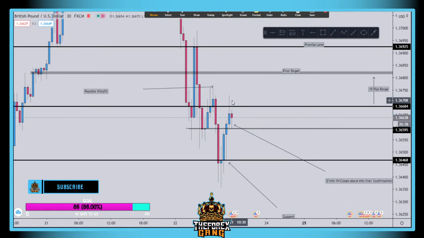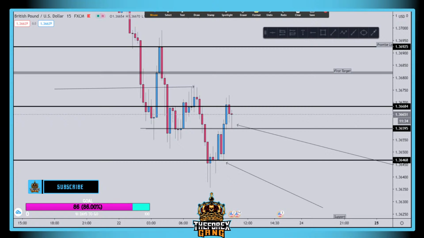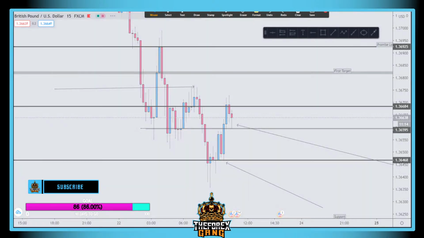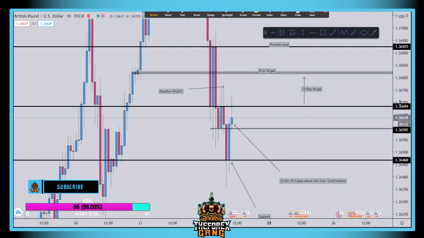Let's see, respect this. It's like London close right now. It's quite tricky right now, the hourly, especially within this range here.